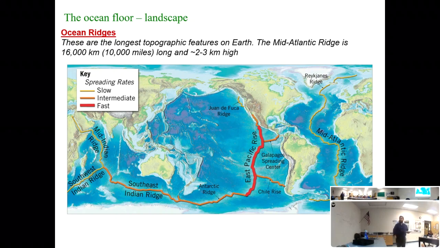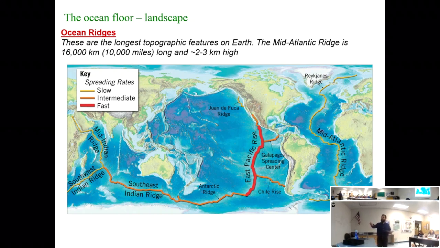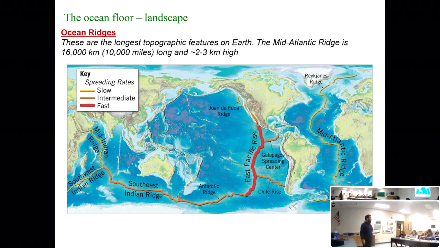I mean, they're very, very long. Up to, like I said, 10,000 miles, and most of them are 2 to 3 kilometers high. So 3 kilometers is about 10,000 feet. Okay, so these would be really high mountain chains that are extending almost from pole to pole.